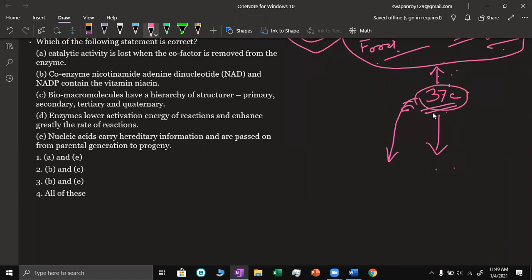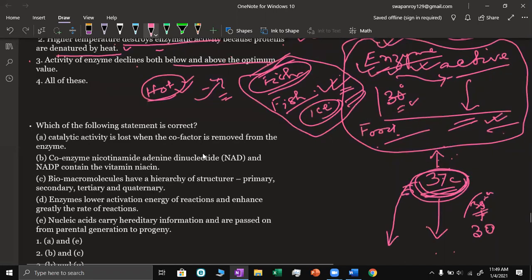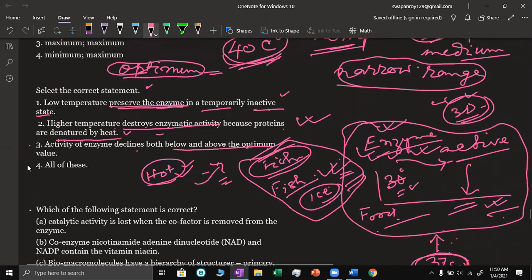This is the optimum temperature. Sometimes it is 35 or 32. Different enzymes may have different requirements, but at 30 to 35 degrees Celsius the value is optimum, where the enzymes work very nicely. Above and below, the activity decreases, so all of them are correct.